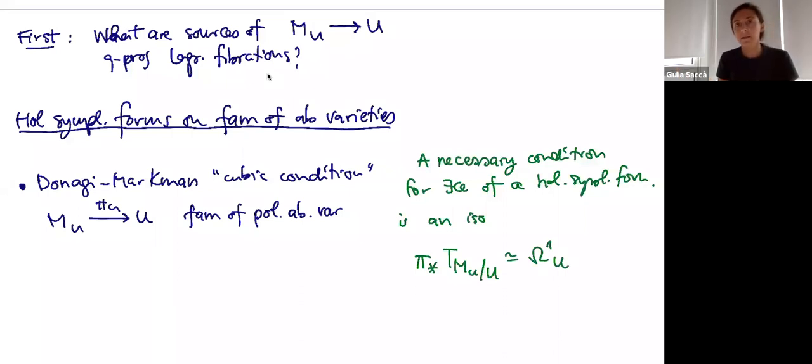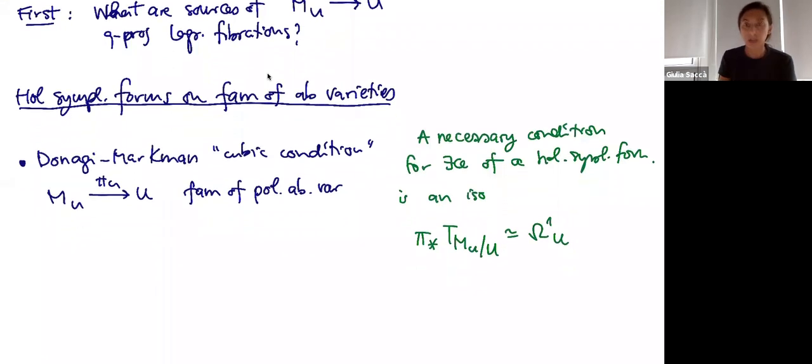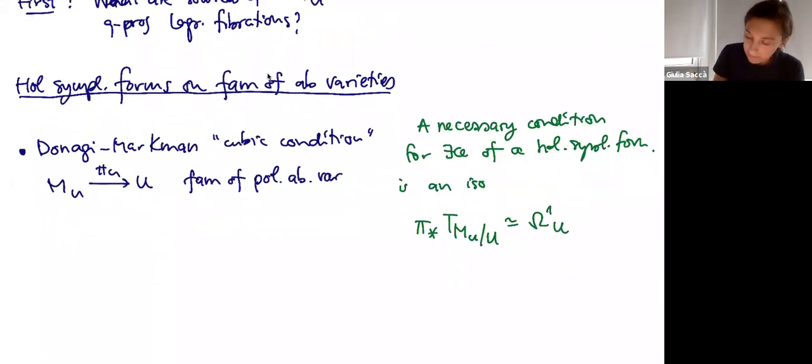This is a little lemma that you can prove: if there is a symplectic form, then there is such an isomorphism. Let me call this, following their notation, V for vertical.